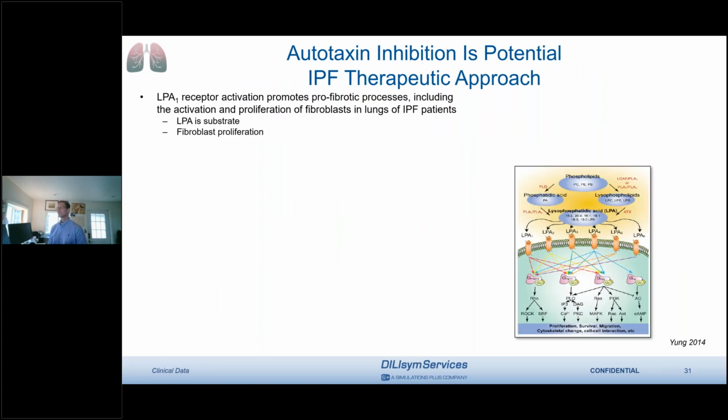Okay, so I want to point out that we have designed the IPF Sim to be flexible enough to accommodate alternative targets and therapeutic approaches. One example I'll give here is autotaxin inhibition.